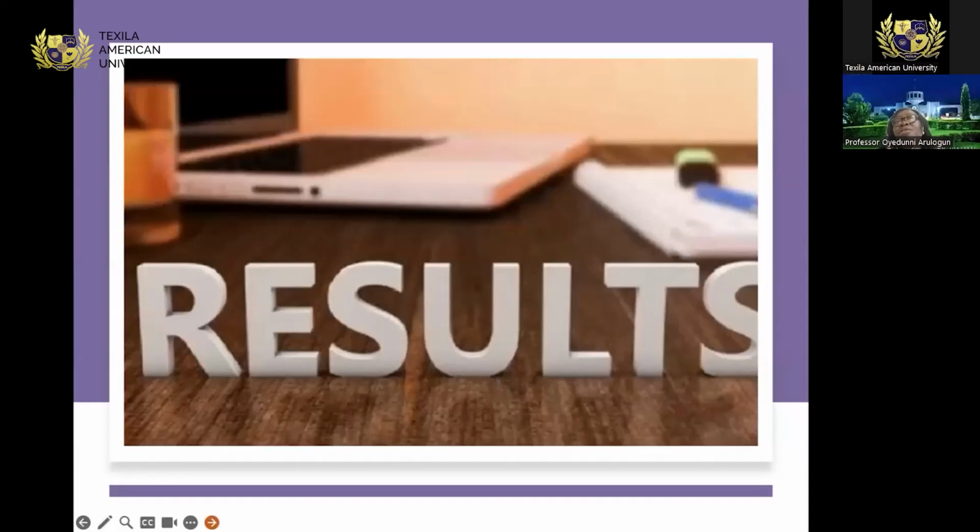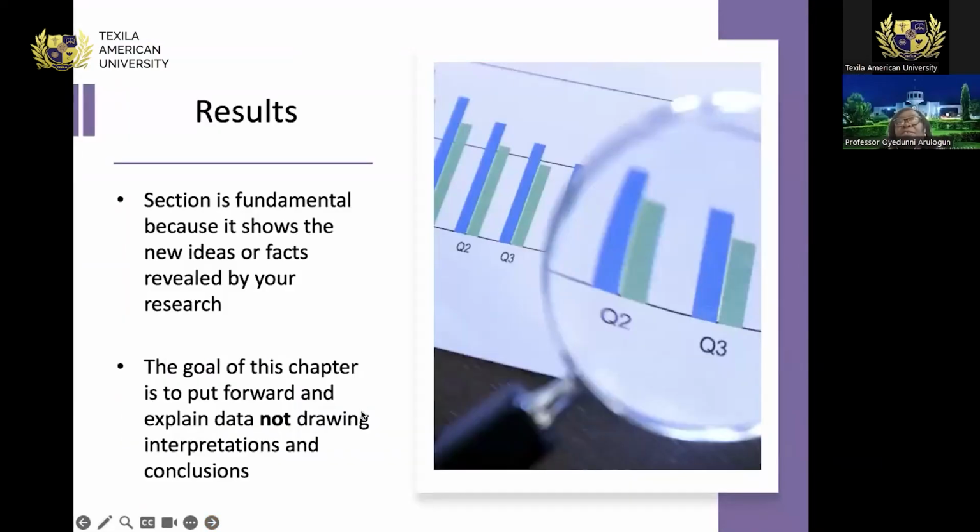Now that takes us to the results chapter. The results section is fundamental because it shows the new ideas or the new facts that your study is bringing on board. Now the goal of this chapter is to put forward your data, not to draw inference from it. I've gone through many theses, and in their results section, as they are presenting the results, they are trying to discuss it, they are trying to interpret.